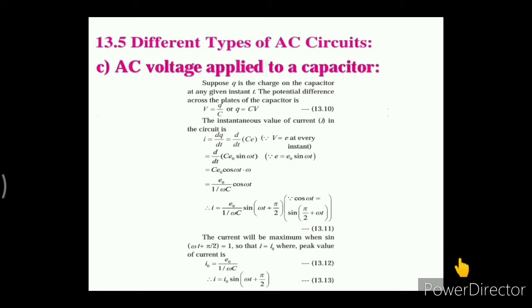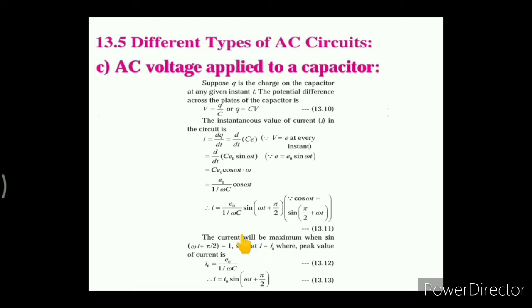Now the current will be maximum when the value of sin omega t plus pi by 2 is 1. When this value is 1, then we are getting the maximum value of the current, which we are denoting as I0.